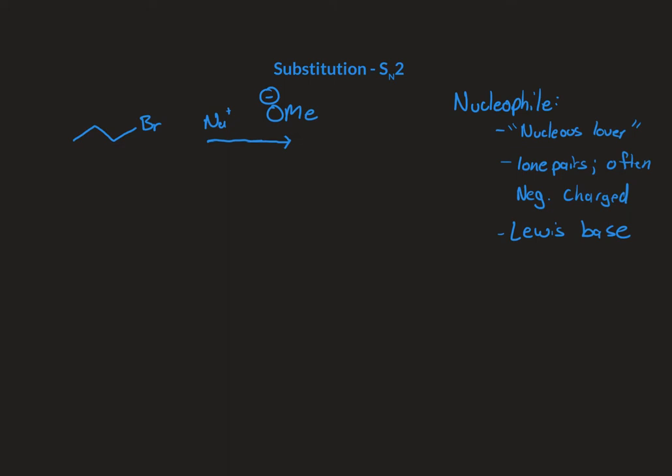And so for this reaction, we would see the electrons on that methoxide come in and attack the carbon with the bromine attached. And that's going to give that carbon 5 bonds if I don't break something. And so in the same step, that bromine is going to leave.